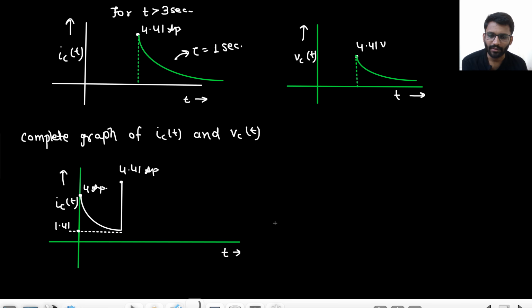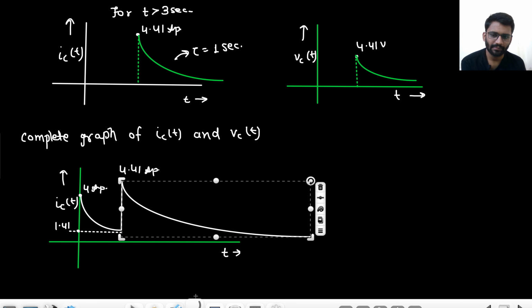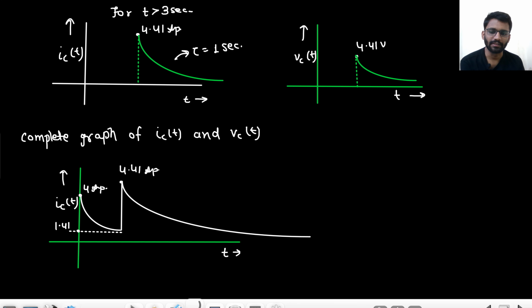I think I should make a slower response. Why did I make it slow? Because here the time constant was 3 seconds. The time constant was high, which means a slower response. Then the time constant is low, so it will reach steady state faster. So I should make it like this.